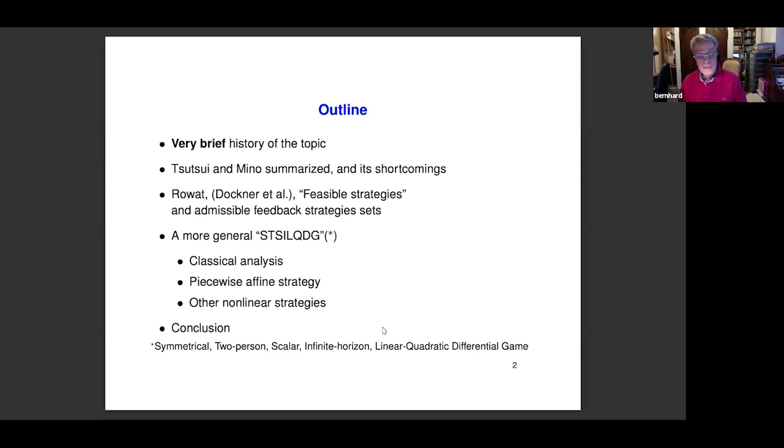And then I will devote the rest of the talk to a slightly more general STS-INQDG, as you are about to see. I mean, symmetrical, two-person, scalar, infinite horizon, linear quadratic differential game. Classical analysis, which you all know, Riccati equation and the like, Rowat's piecewise affine strategies, other nonlinear strategies very quickly, and a short conclusion.